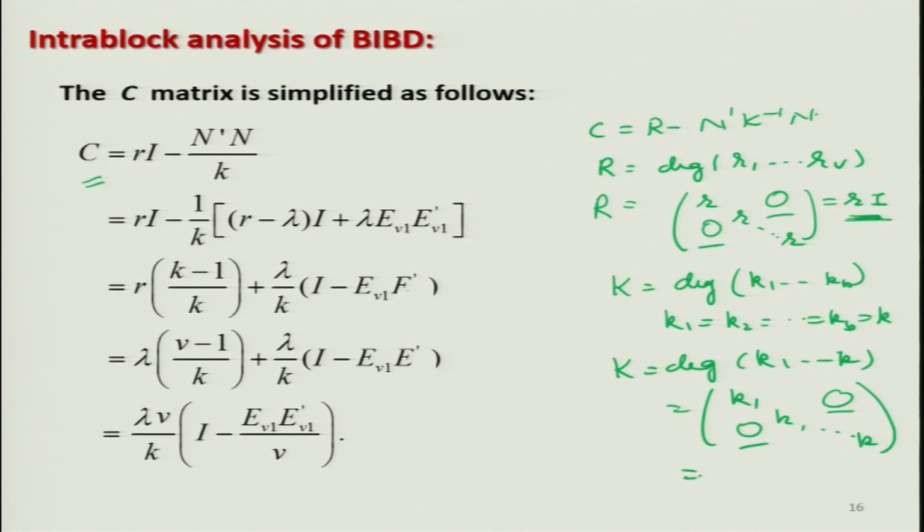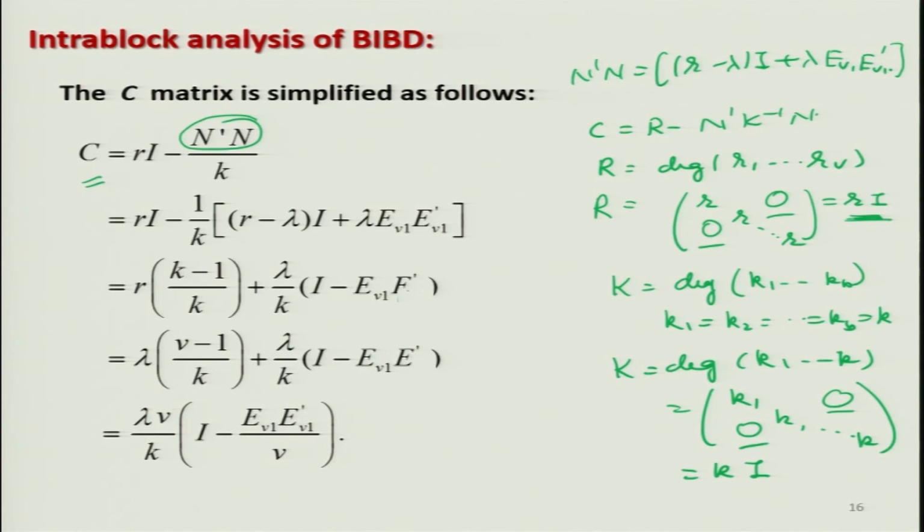So, I can write this as k times identity matrix. And for n transpose n, we already found the expression that n transpose n is equal to r minus lambda times I plus lambda into EV1 into EV1 transpose.